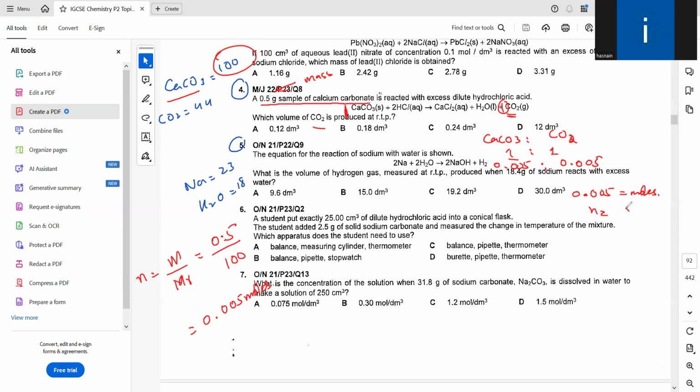So I can use this formula, volume upon 24: 0.005 times 24 is equal to V, so V is 0.12.